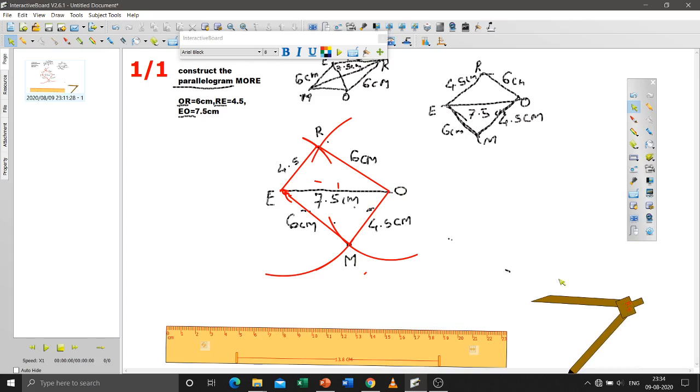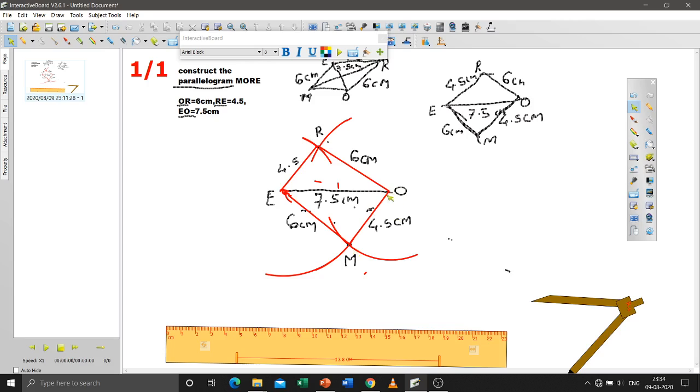You can see that RO is equal to 6 centimeter, ER is equal to 4.5 centimeter, and EM is equal to 6 centimeter. Opposite sides are equal: RE and MO are two equal sides, and RO and EM are two equal sides.